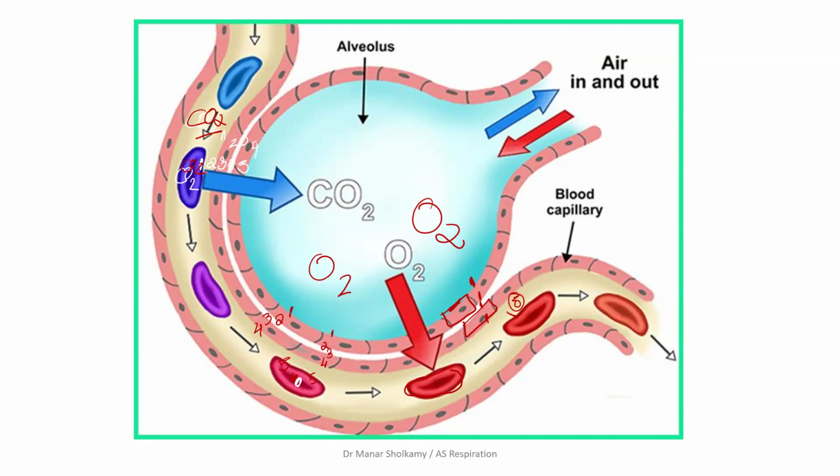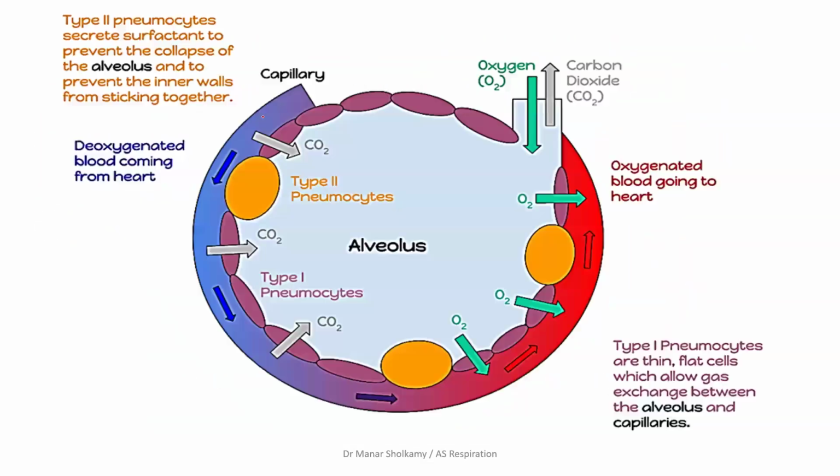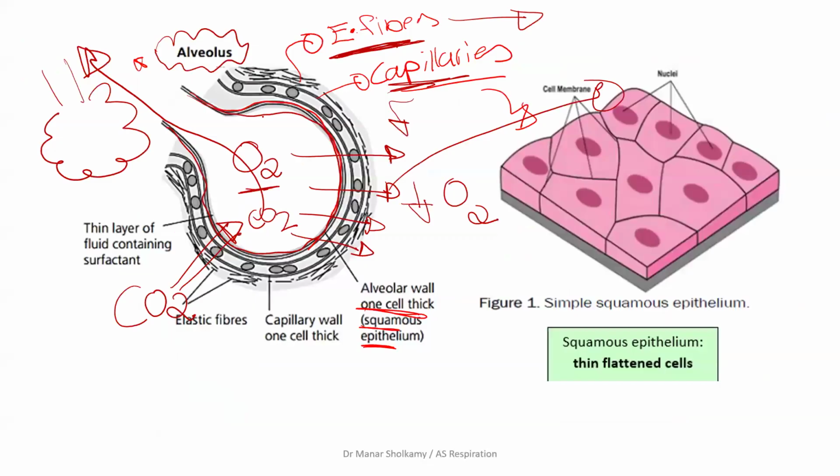If the carbon dioxide is in the plasma, it will cross 4 cell membranes, 1, 2, 3, 4 only. If it is in the red blood cell, it will cross 1, 2, 3, 4, 5. That is why the answer is D. In my opinion, this question is very tricky. We'll go back to these questions later, but let's finish.